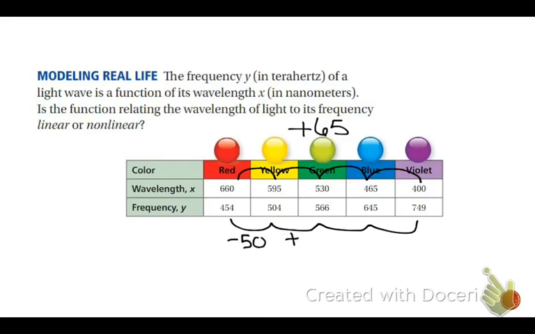I increased by how much? 62. And then I increased by how much? 79. And then how much did I increase by? Okay, well, it doesn't really matter, does it?